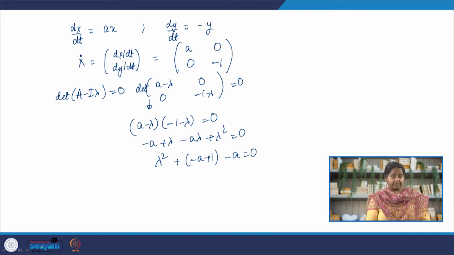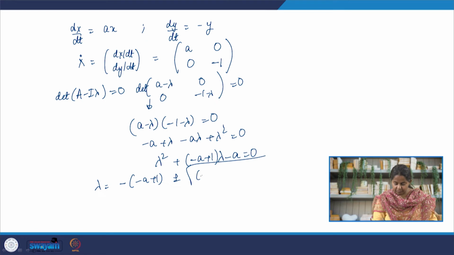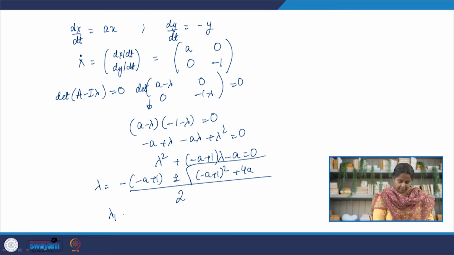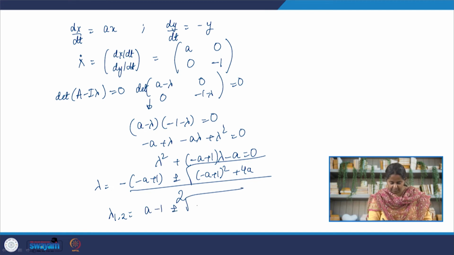So this is a simple quadratic equation that we can solve using the Sridharacharya rule. So we have lambda is equal to, we will get lambda 1, lambda 2, this will become a plus 1 whole square by 2.